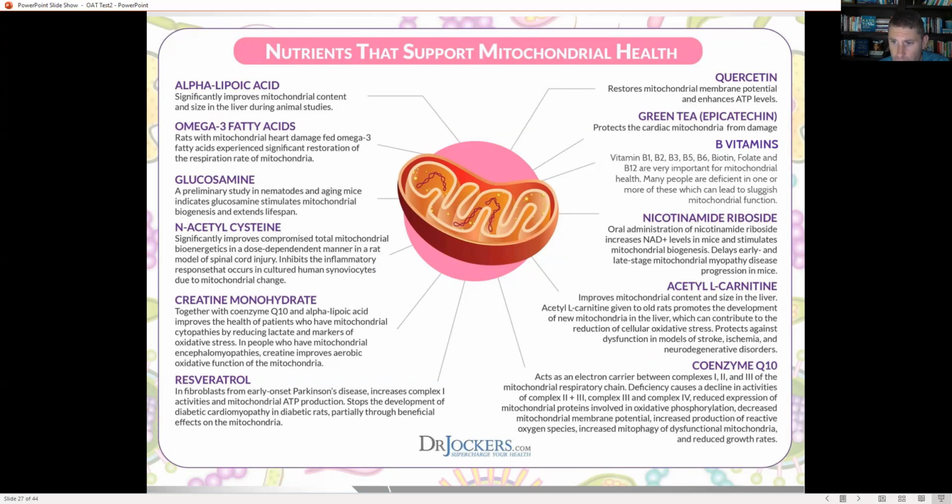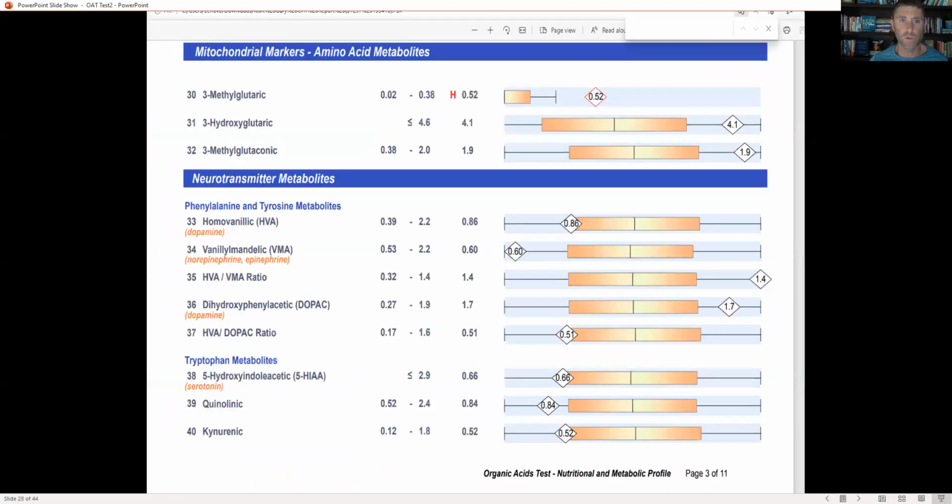I mean, that's really the carrier. It's carrying electrons between all the different complexes in the mitochondrial respiratory chain for energy production. And so these are very important nutrients to support mitochondrial function. And all of those, along with removing the toxins, removing the threats on the cell, help support and rebuild mitochondrial health.